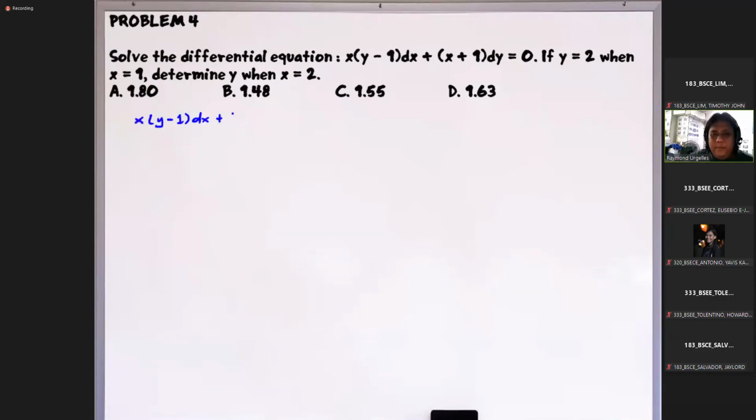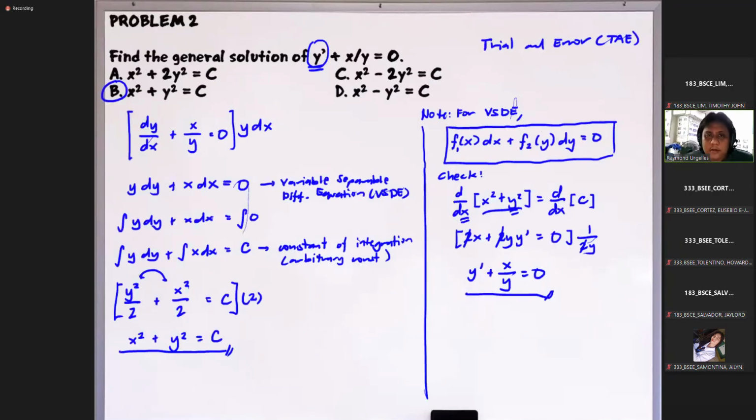Okay? So this is plus x plus 1. By the way, yung minomultiply natin sa differential equation para maging solvable siya, para madali natin makita yung solution, yun yung tinatawag natin na mga integration factors. Kaya kanina yung mga minomultiply natin, halimbawa itong y dx, this is an integration factor.